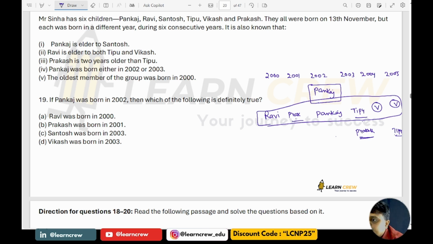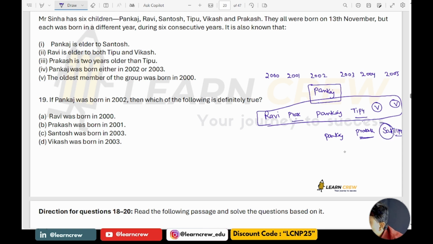Or if Prakash is here, Tipu is here, Pankaj is here. Pankaj is elder than Santosh, so definitely Santosh has to be here.